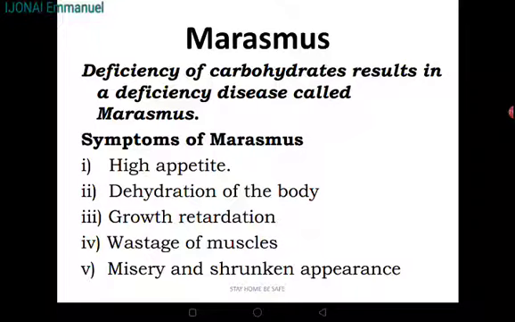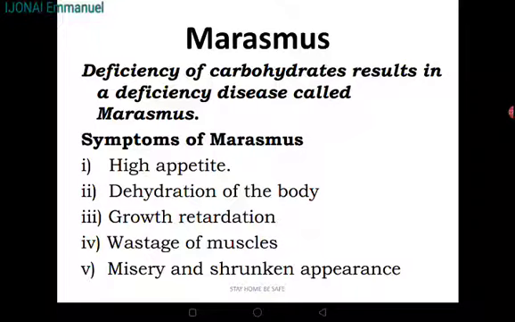The symptoms of marasmus include high appetite. It is very significant that if you don't have enough carbohydrates, you would want to eat so as to get it. So you have high appetite, then dehydration in the body. That is the lack of water in your body, simply because carbohydrates play a role in absorption of water.